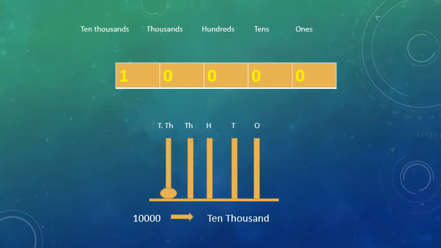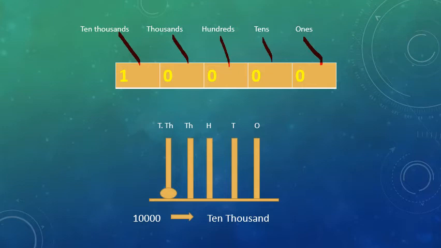Do you know the places of a 5-digit number? Yes, these are ones, tens, hundreds, thousands and 10,000s. You know that every digit has its own place. So you can also represent this number on an abacus.